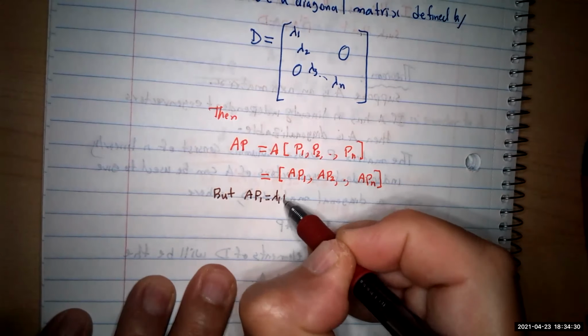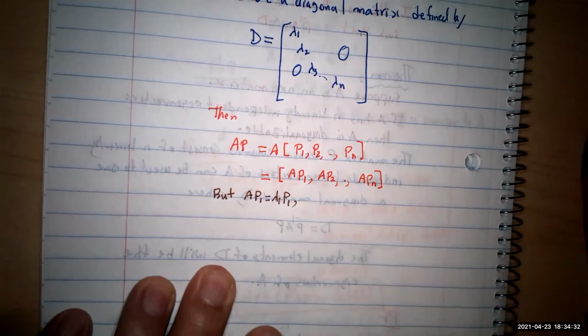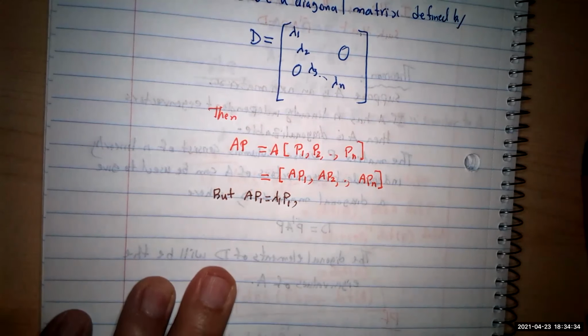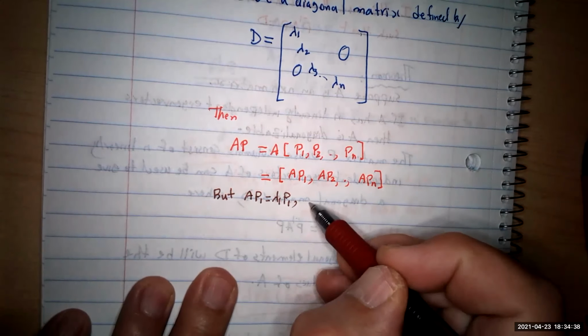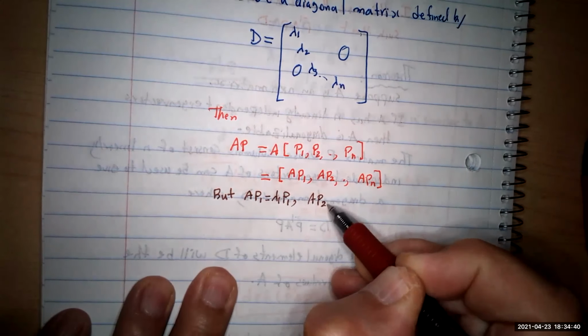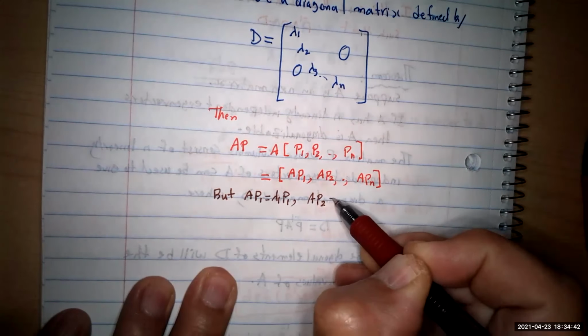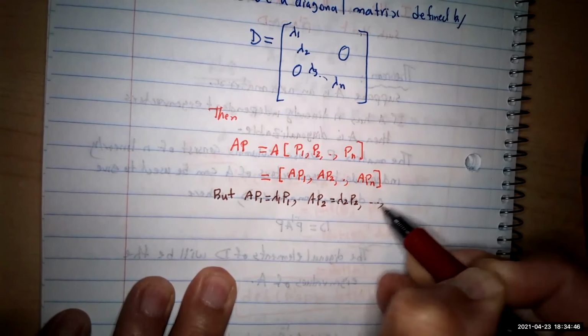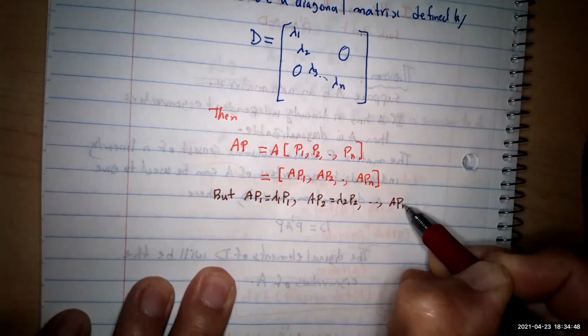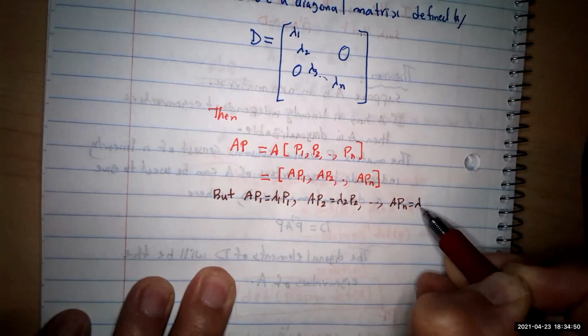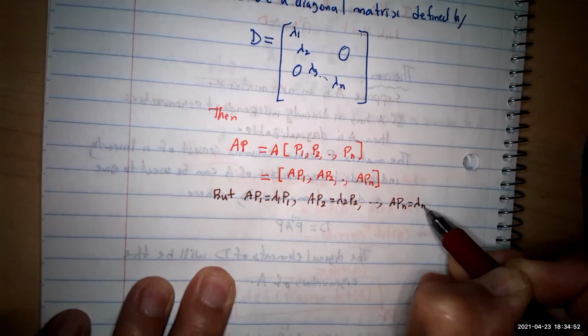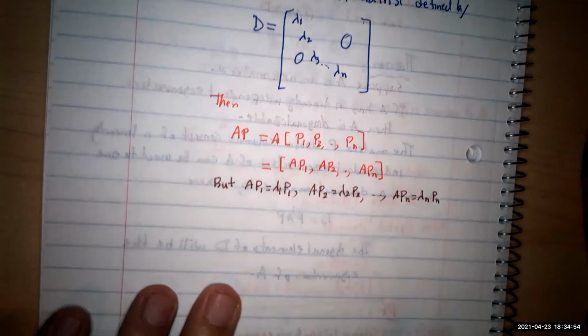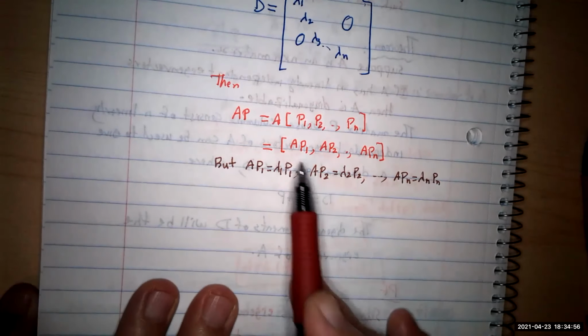It is lambda 1 P1, because P1 is just like X, where A X equals lambda X. It's the same for the second one: A P2, P2 is an eigenvector, so it's going to be lambda 2 P2. We get to A Pn, which is equal to lambda n Pn. That is the definition of the eigenvalues.